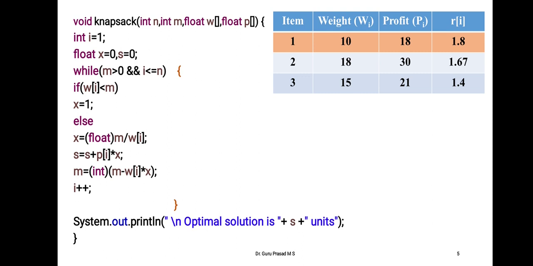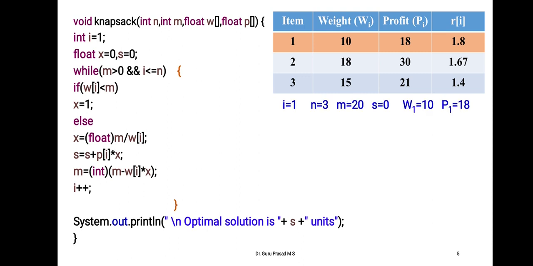If w of I less than m, then x value equal to 1, or else x value equal to m divided by w of I. Later you are calculating the sum of profit and you are reducing the size of the bag because we are adding the item into the bag. Obviously the size of the bag reduces and you are incrementing the item value. After the while loop terminates, you are printing the optimal solution.